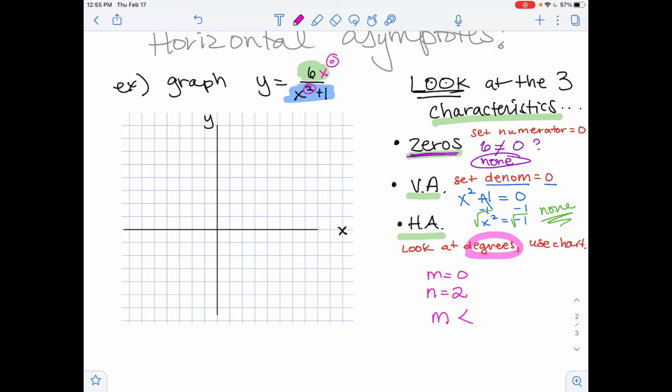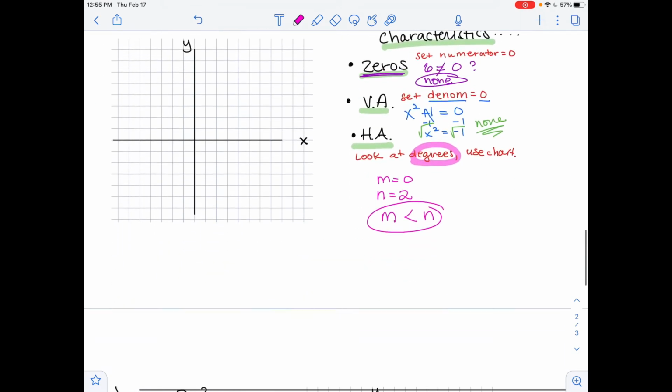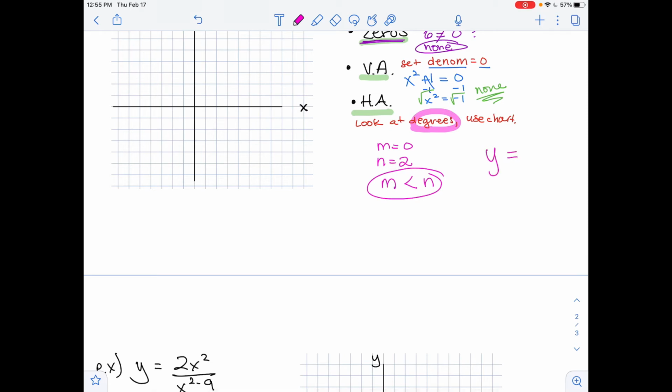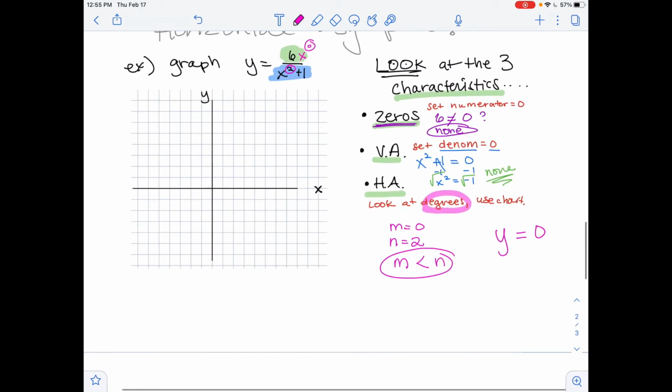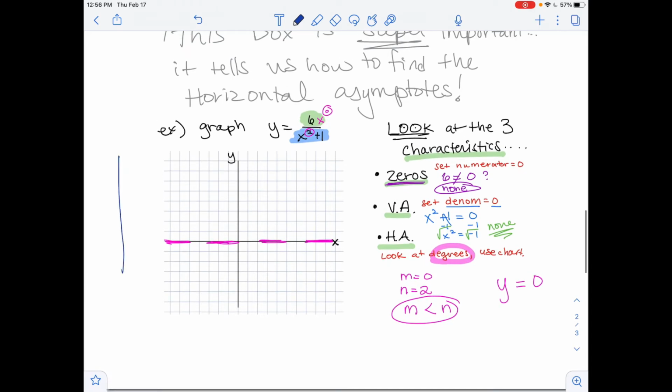So since m is less than n, let's look at our chart. m is less than n. That tells me y equals 0 is my horizontal asymptote. So we're going to do our horizontal asymptote first. That's right here, y equals 0. And now we're going to graph the rest of our values.